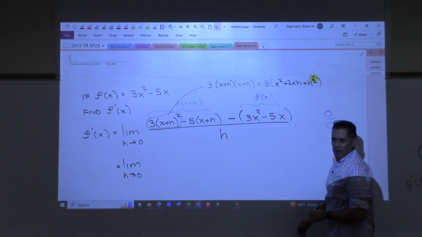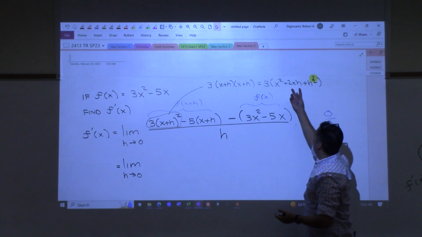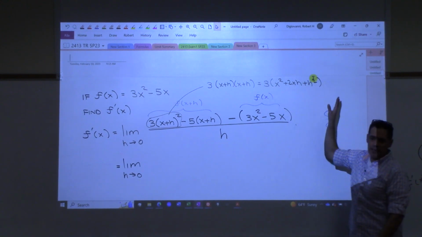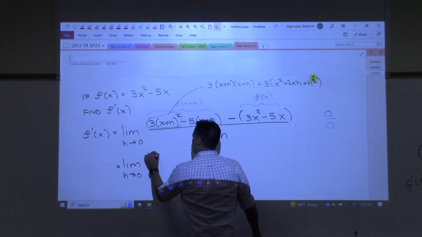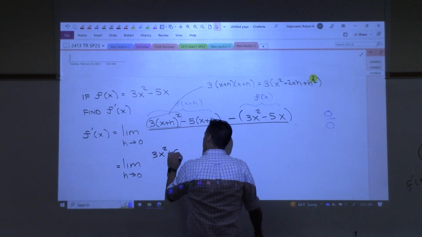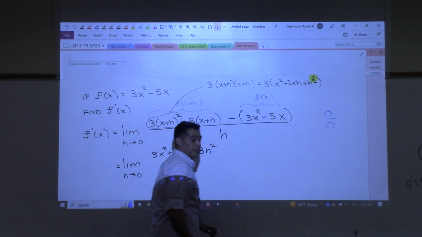I'm not showing all the work for that, but we've done it a few times in this class. So that's this thing FOILed out and collect like terms, and then distribute a 3 through to all of those. So my top left should be 3x squared plus 6xh plus 3h squared. We good?